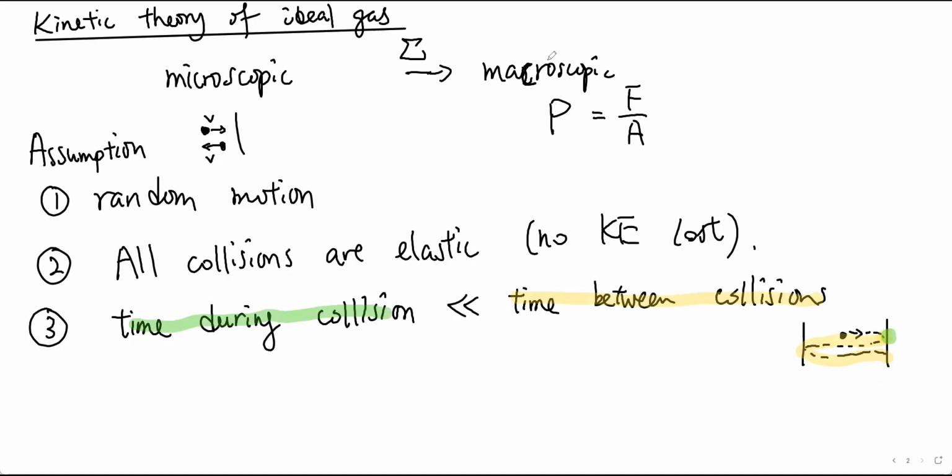There are also some other assumptions. These two assumptions are the assumptions of ideal gas. One is to ignore the intermolecular force, or to be more precise, except the time when they collide.